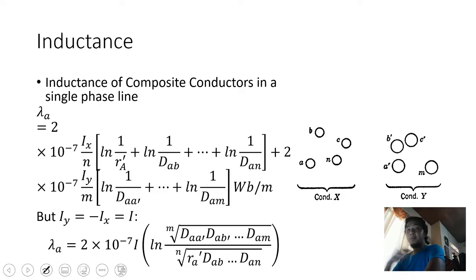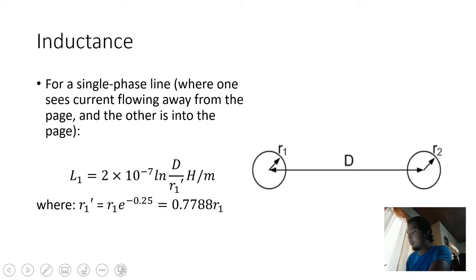Okay. So what if, instead of a single solid conductor like this one, our single phase system is made up of conductors that are stranded or bundled, like this one?